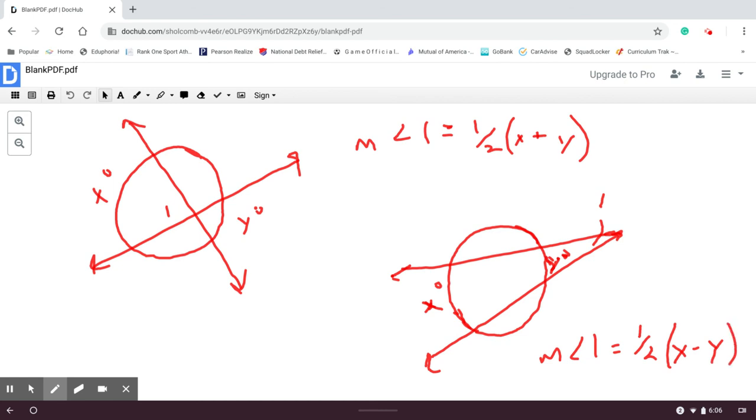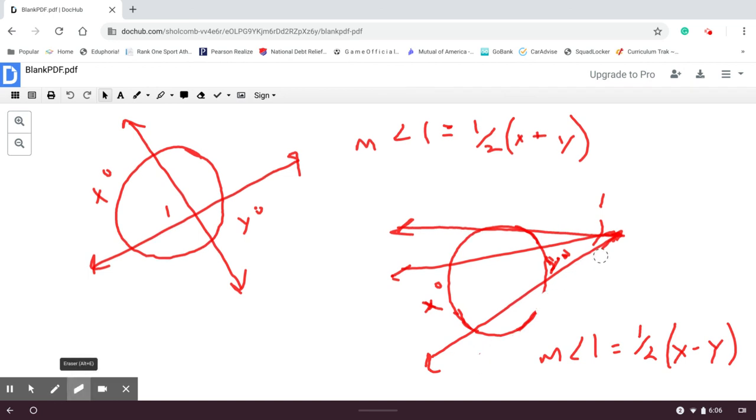So in this case, it'd be half of x minus y. And that applies even if you have tangent lines. Even if one of these lines was here and you had one tangent and one non-tangent, or if both lines had been tangent like that, the rule would still apply.